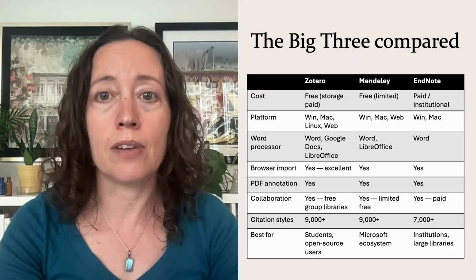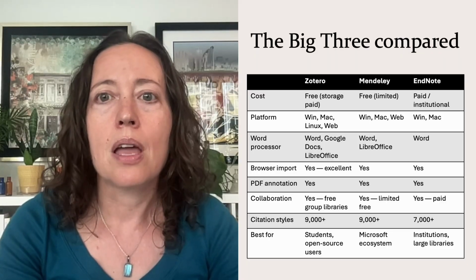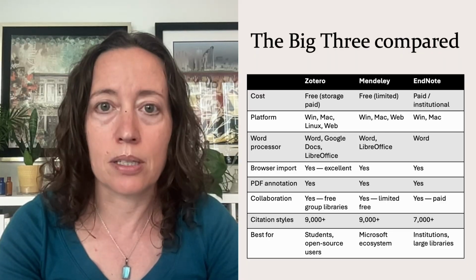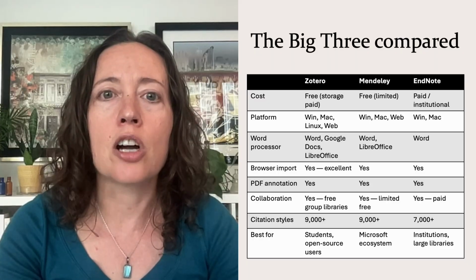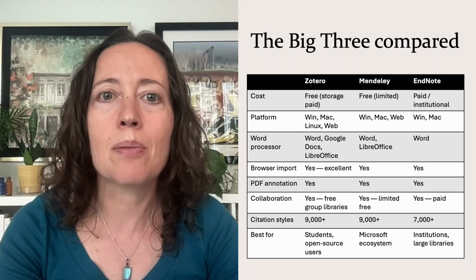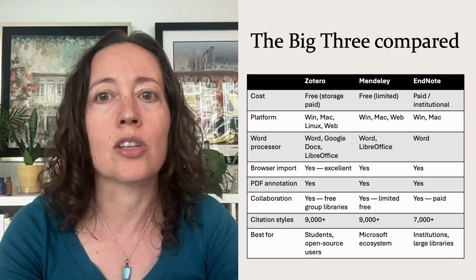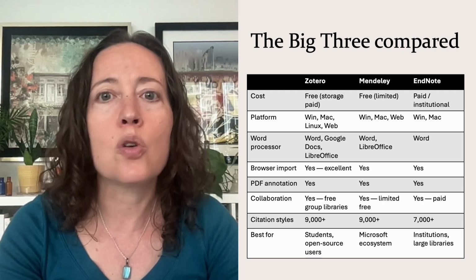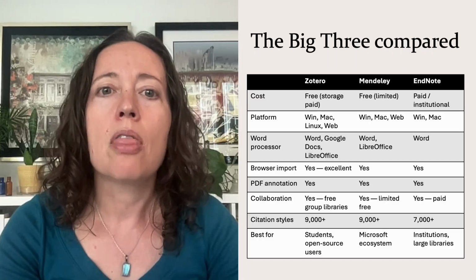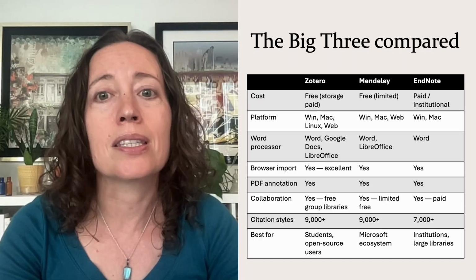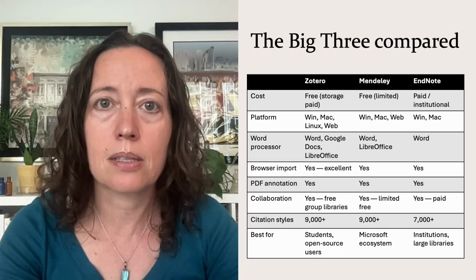Mendeley is owned by Elsevier, which matters to others. It means your data lives in their ecosystem. EndNote has the longest track record and the most robust support infrastructure, which is why large institutions tend to standardize on it. But for a PhD student working independently, the functionality gap between these three is smaller than the marketing suggests.